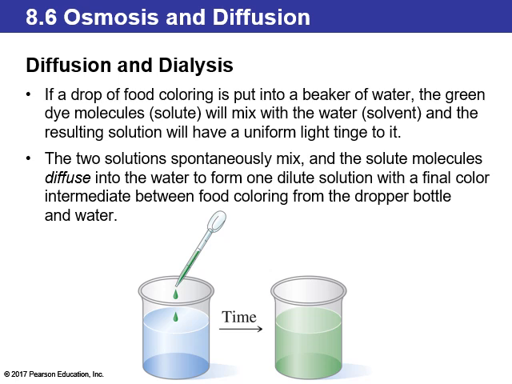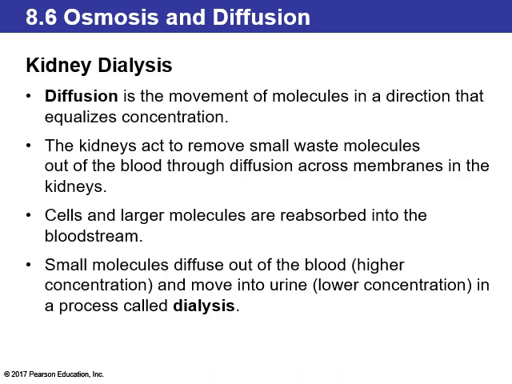We call this process diffusion. You can start with a very concentrated little drop. If you drop it into a bigger volume, it's going to diffuse throughout the entire solution. That's going to be useful for what we call dialysis. A very good medical example would be kidney dialysis. Our kidneys are little dialyzing machines. They're really cool.